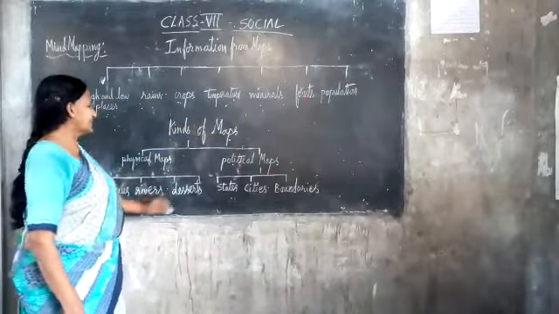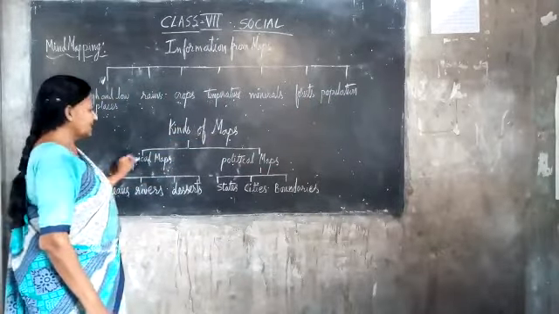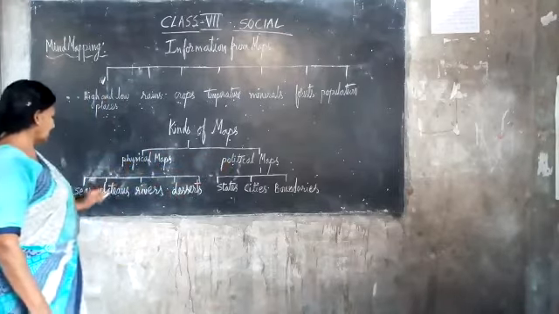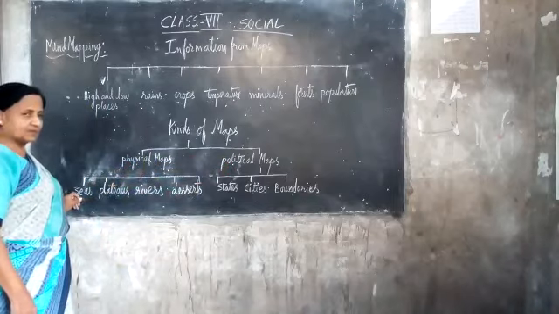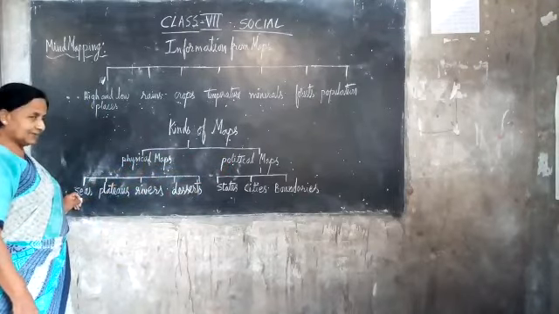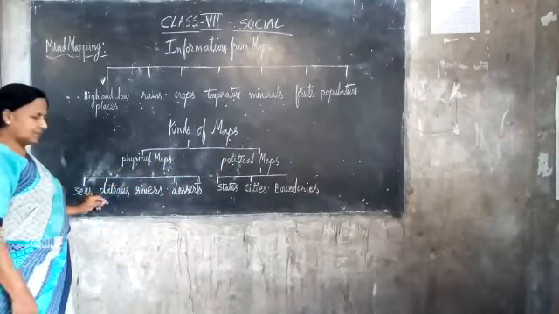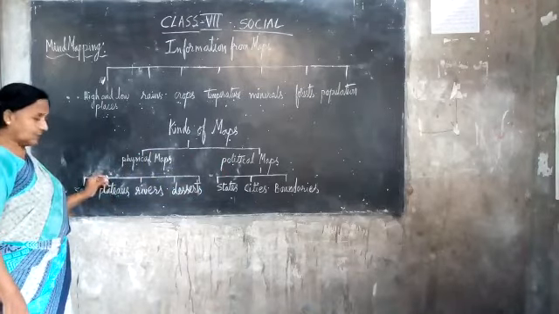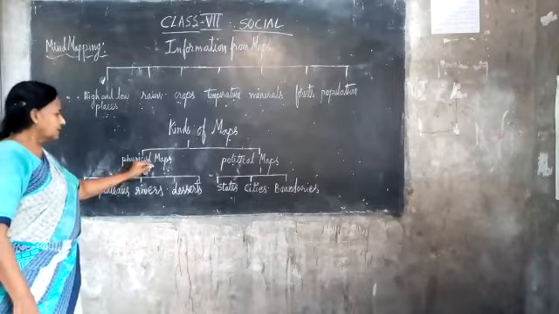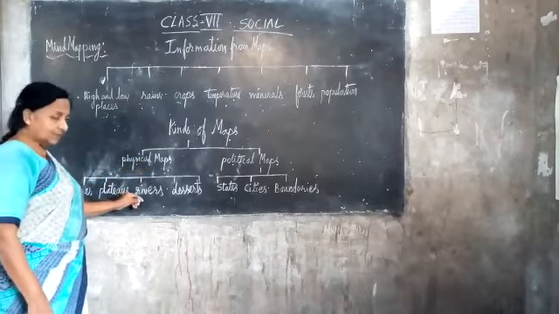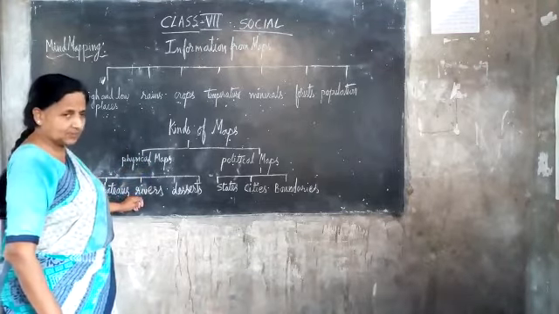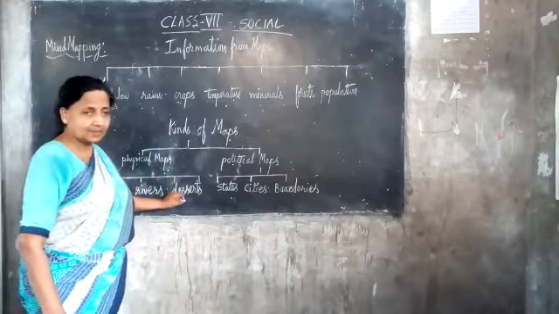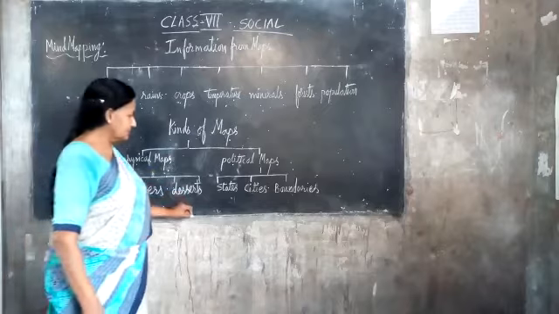Kinds of maps: physical maps and political maps. Physical maps are telling us the circumference of the seas, sea level, different places which are situated on plateaus, the rivers that are situated in the country or the state, and the deserts that are in a particular country.